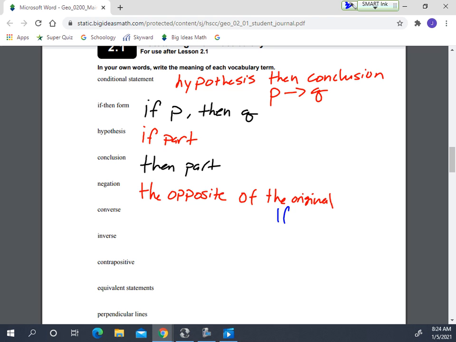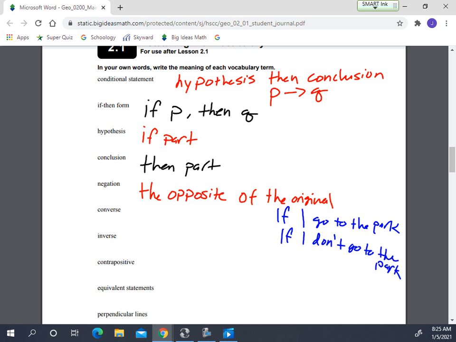If I go to the park. There's my original. My negation would be if I don't go to the park. That's my negation, the opposite of the original.